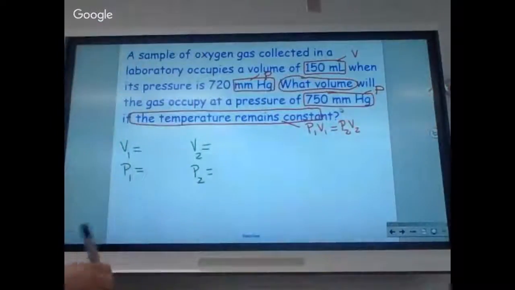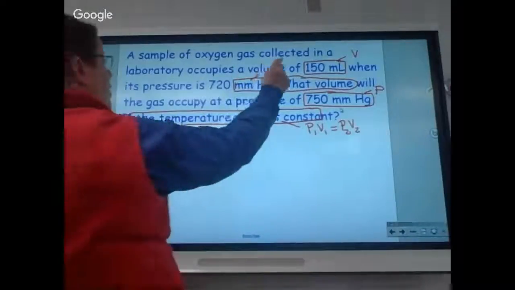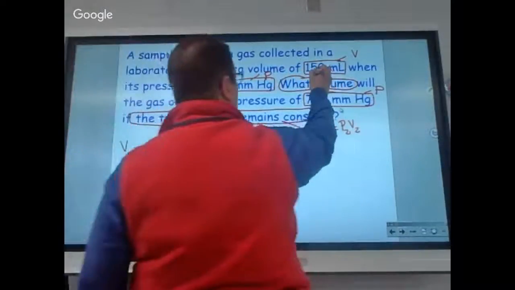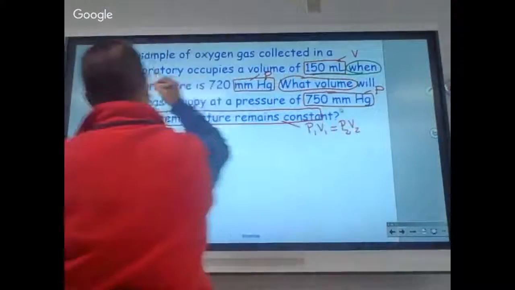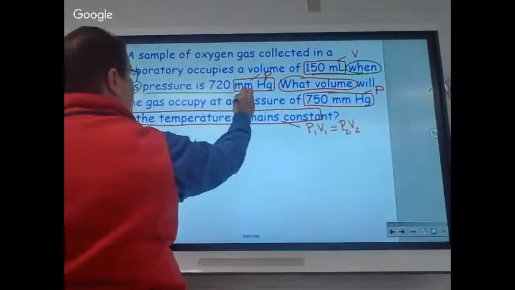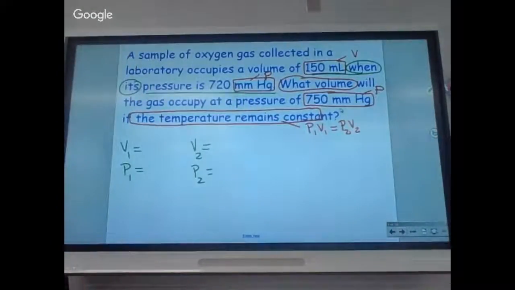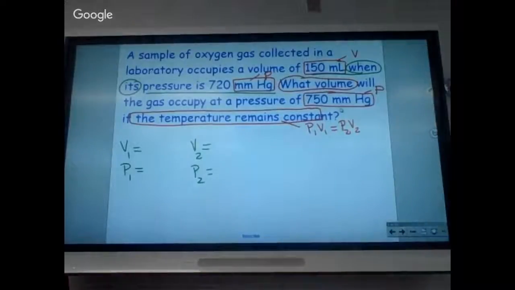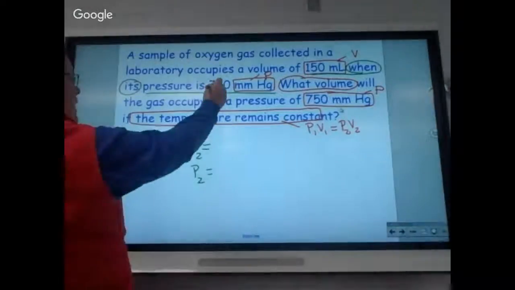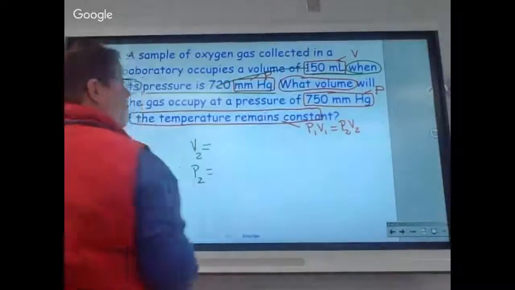When you read the question, you see how it says 150 milliliters when its pressure is 720? That's a couple or a pair. It shows possession. 150 milliliters when its pressure is 720. That 720 has to stay with that 150.